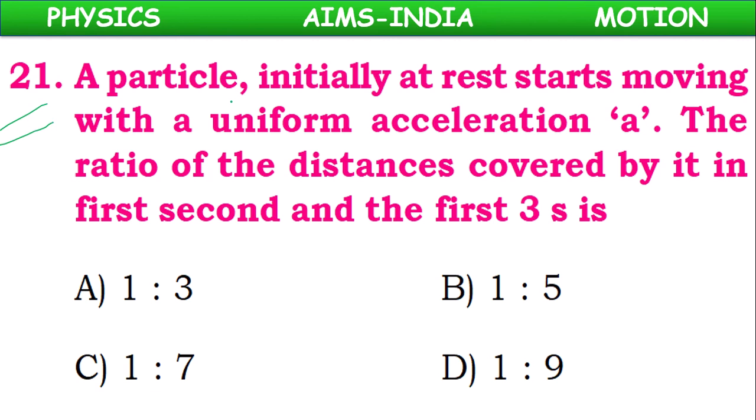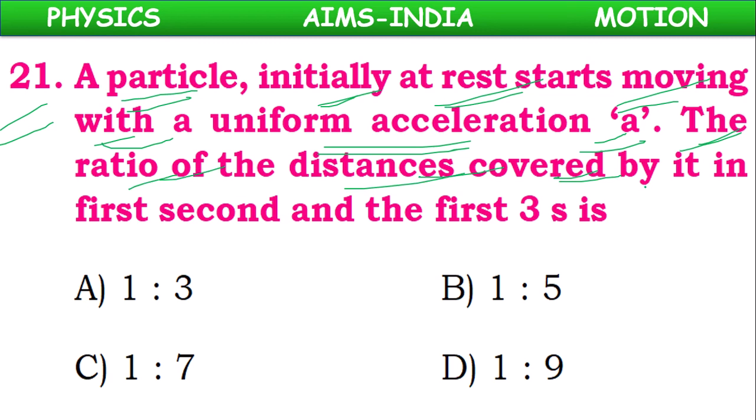Next one, 21st question. A particle initially at rest starts moving with a uniform acceleration A. The ratio of distances covered by it in the first second and the first 3 seconds is how much?